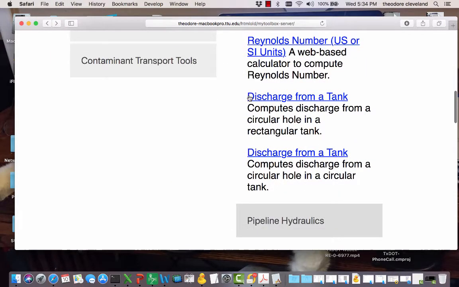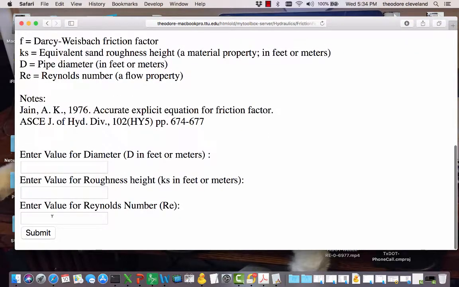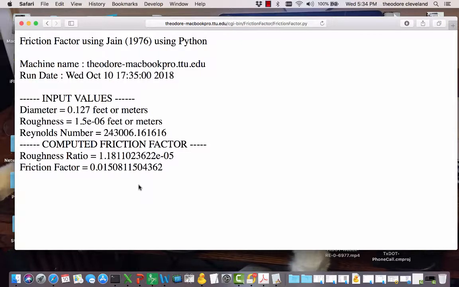We now want to go to our friction factor. Supply the Reynolds number. Roughness height 0.000015. Diameter 0.127. Friction factor is 0.015, so we're going to write that down.